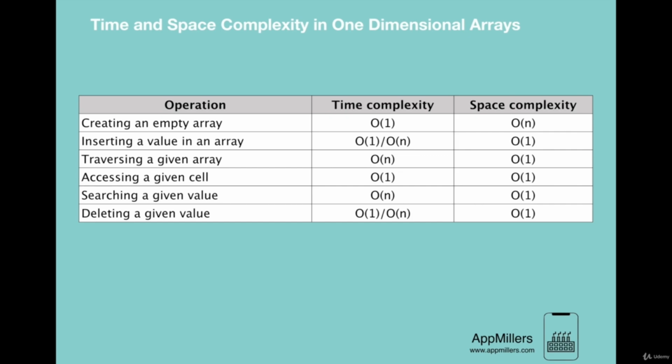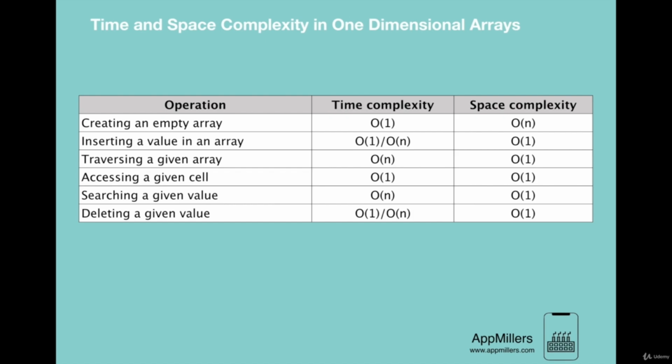Then the next operation is inserting a value in an array. So if we are inserting a value at the end of the array, it will take constant time complexity. But if we insert a value in the beginning of the array, it will take O(n) time complexity. This is because when you insert a value at the beginning of the array, all elements have to shift one element to the right.